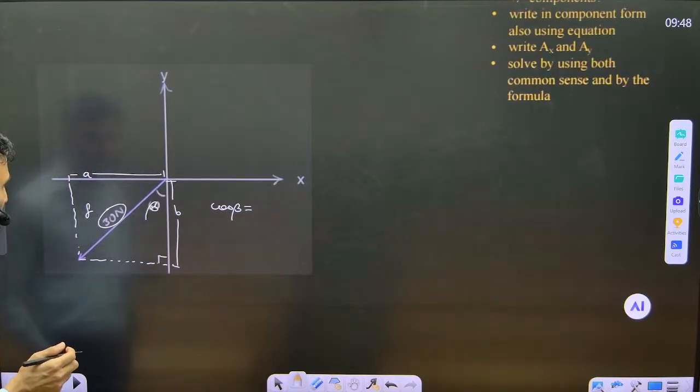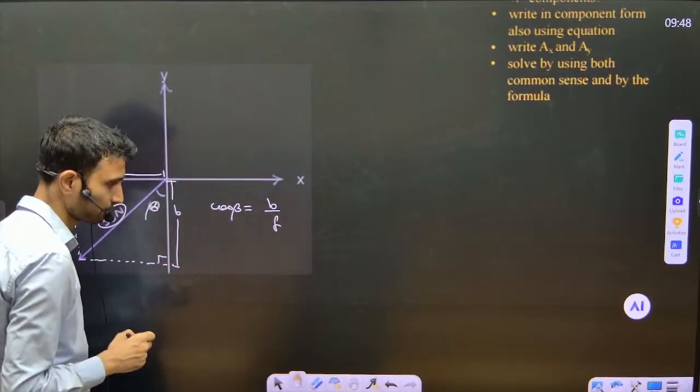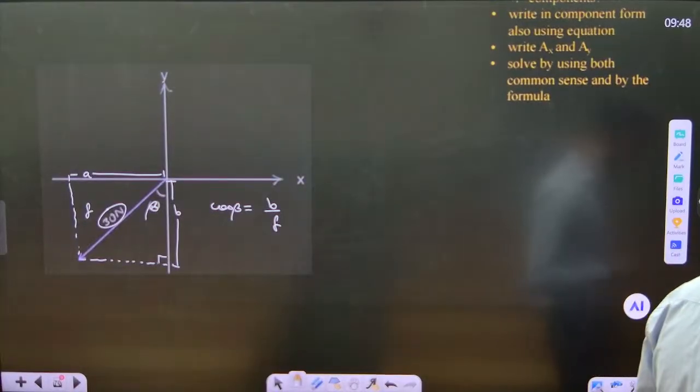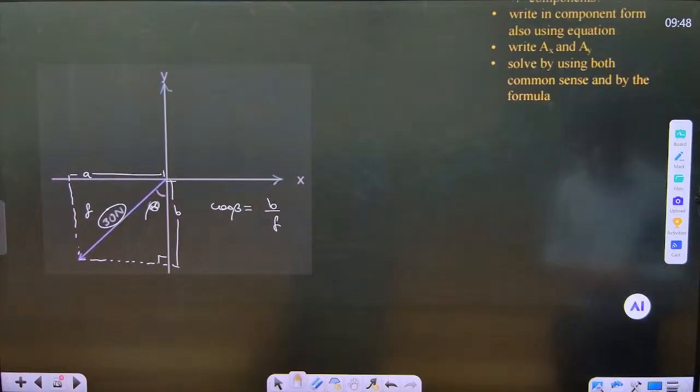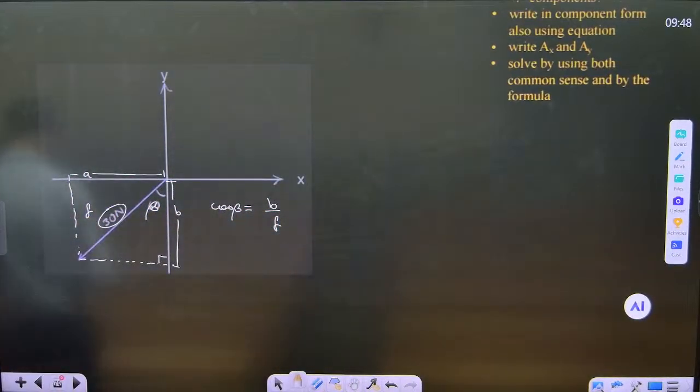Cos beta is B by F. Similarly, what is sin beta?